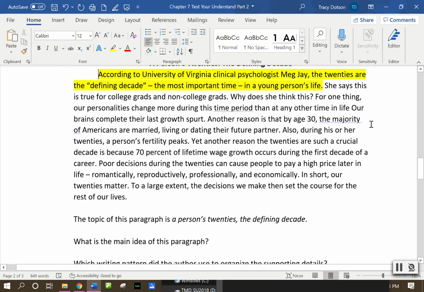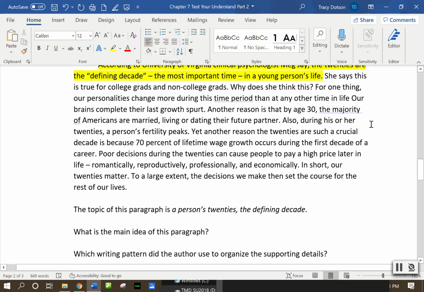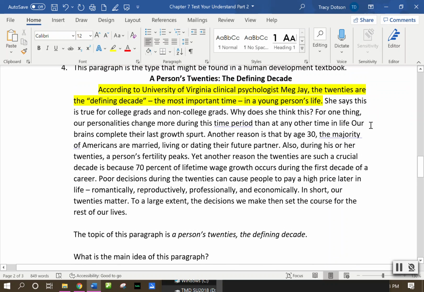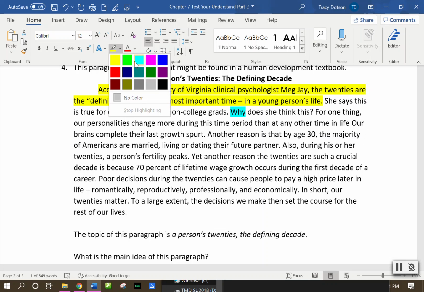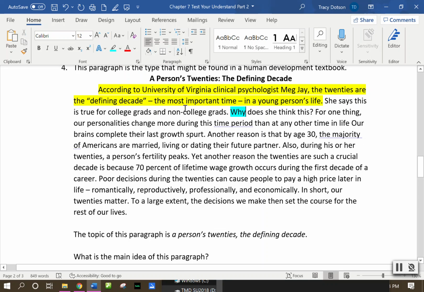All right, and so what is our writing pattern here? Are we defining a term? Are we listing? Is it a sequence of things? Is it a comparison contrast? Or are we doing a cause and effect? So here we have the word why. Okay, so they've stated something here. This is the most important time. Why is that?